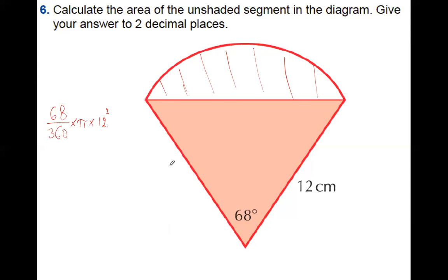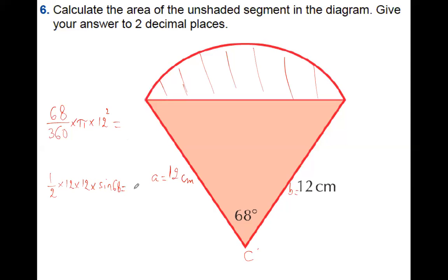Then you can calculate the triangle. So find that first. Find the triangle, and we said it's half. So you can call that A. You can call that B if you want. And this is your angle C. Half of AB, so half of 12 times 12 times sine 68.